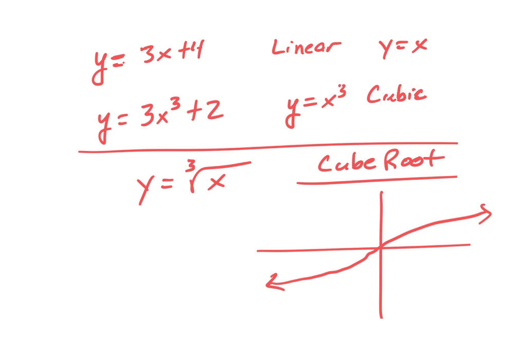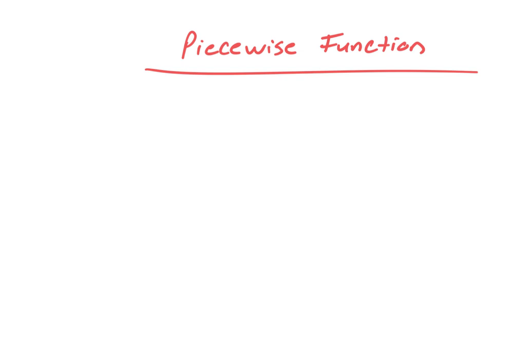All right. A couple of things that we're going to do with these functions today. First of all, here is another type of function. That's really what today is all about, all these different types of functions. This one's what we call a piecewise function.